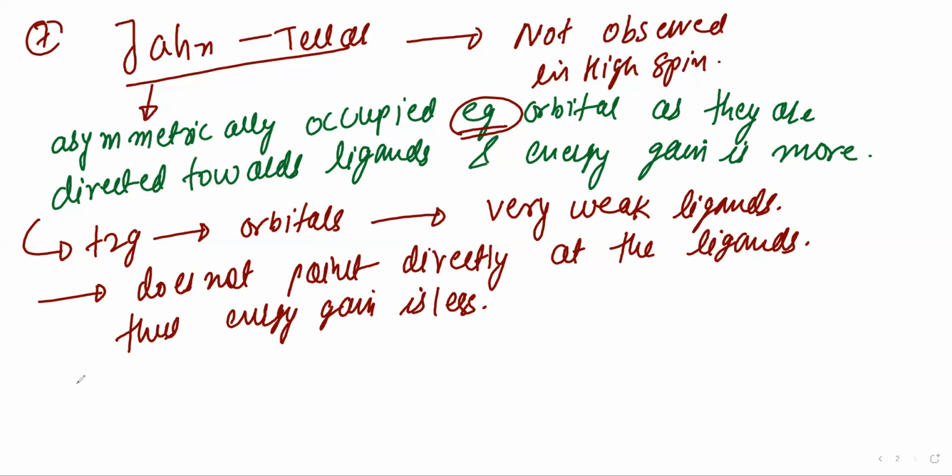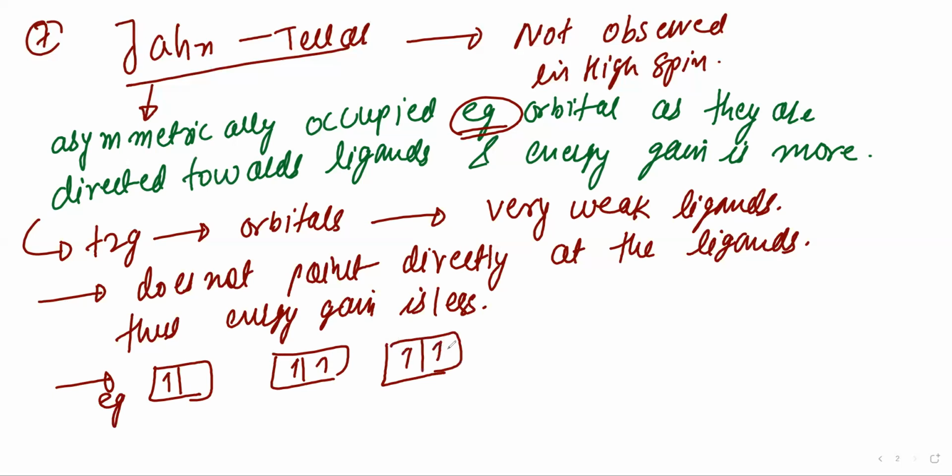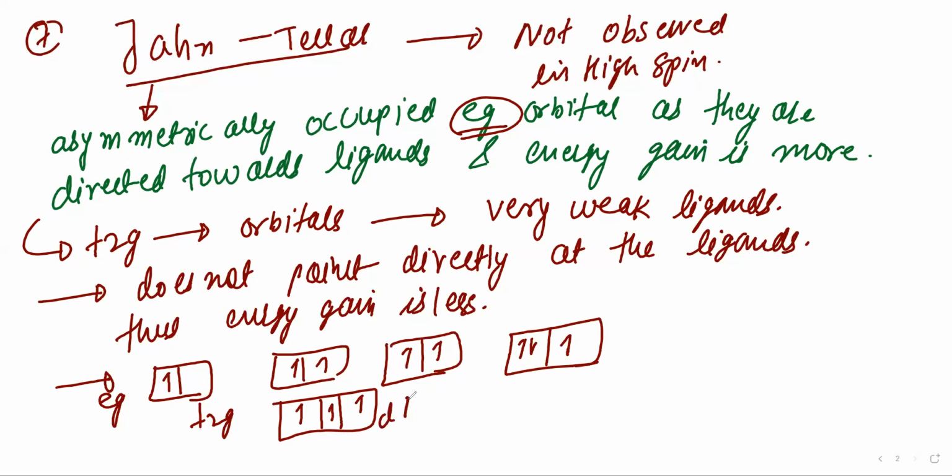So see the electronic distribution. Next is t2g. It will be in d4.